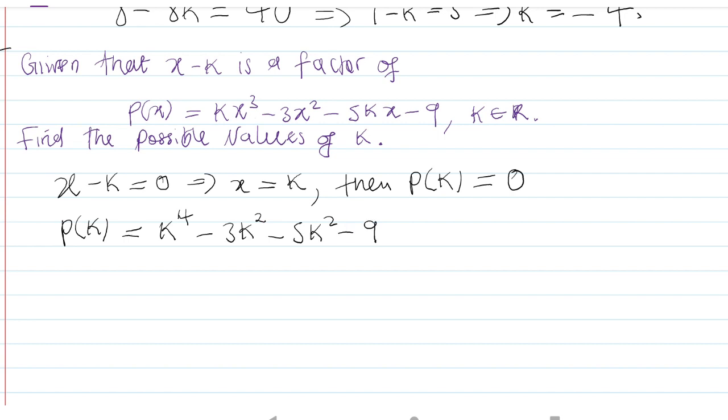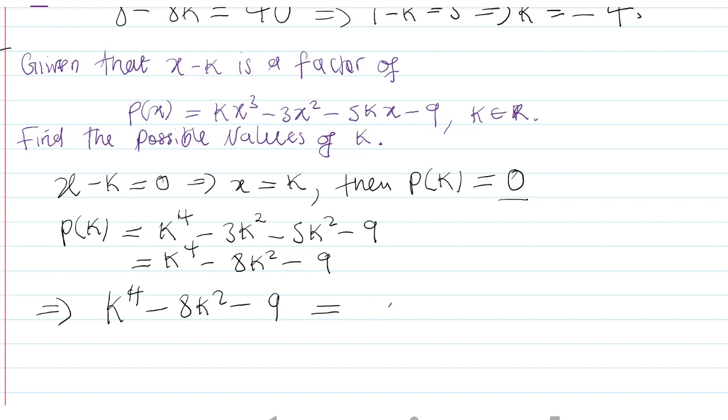Okay, now this simplifies to k power 4 minus 8k squared minus 9. Since x minus k is a factor, the polynomial evaluated at k gives us 0, which we stated here. This implies that k power 4 minus 8k squared minus 9 should give us 0.